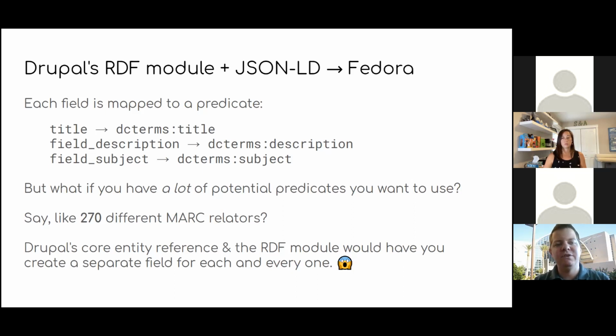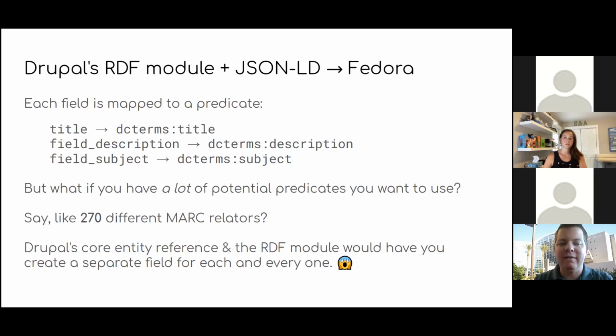And what we do is we take each of those fields and we map them to an RDF predicate. So Drupal's title field becomes DC terms title. And the same is true with vocabularies, where we can take the name property of a taxonomy term and map it to whatever RDF predicate we want to use for that as well.